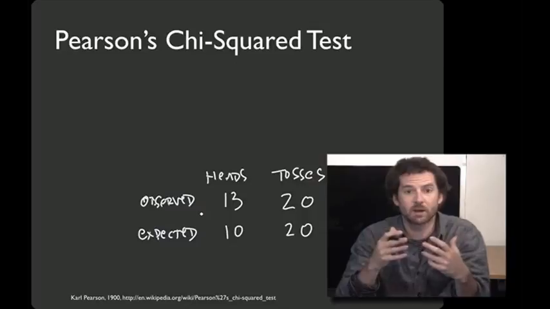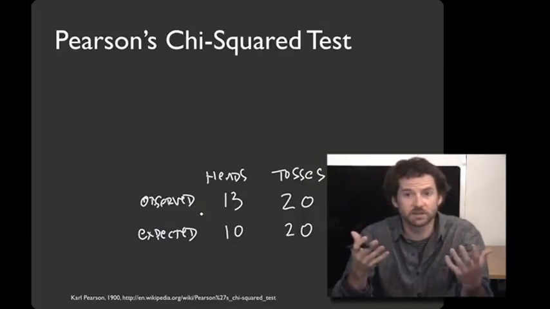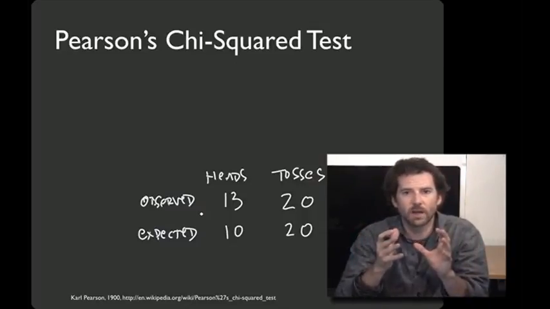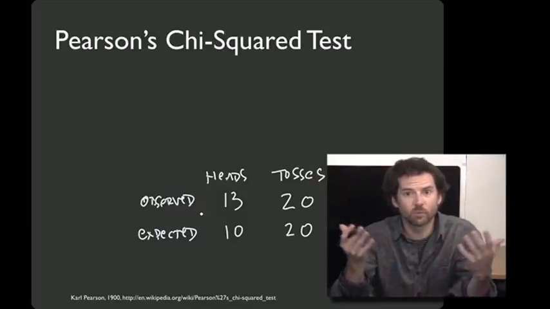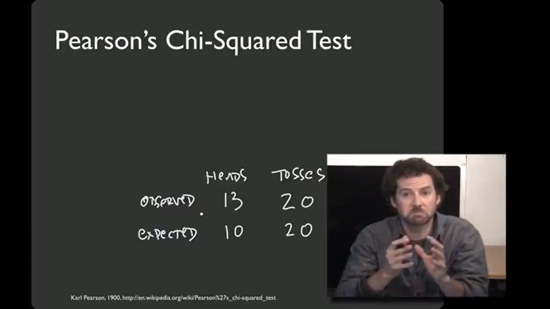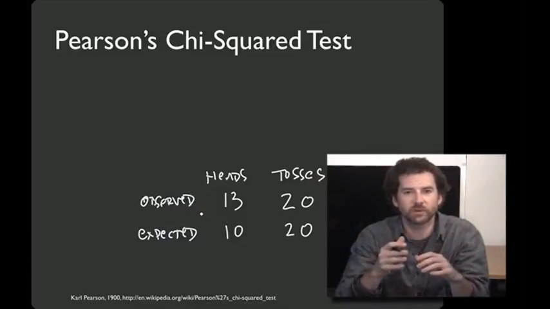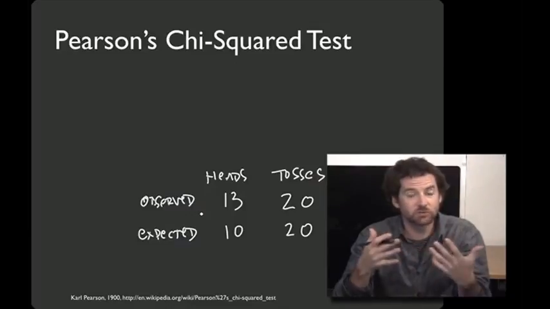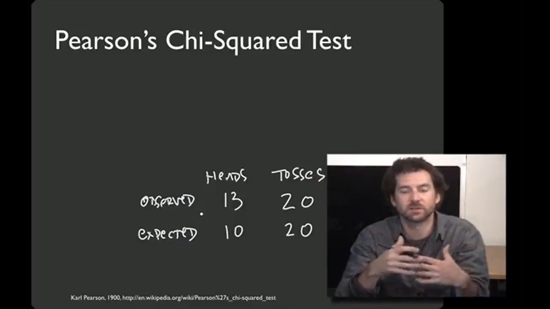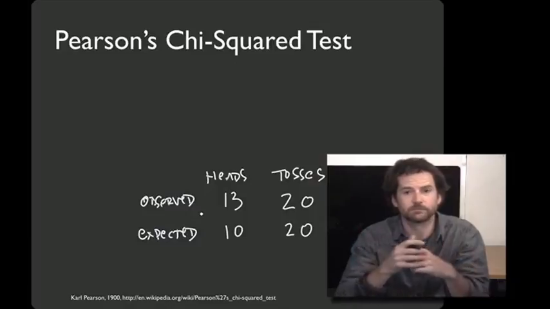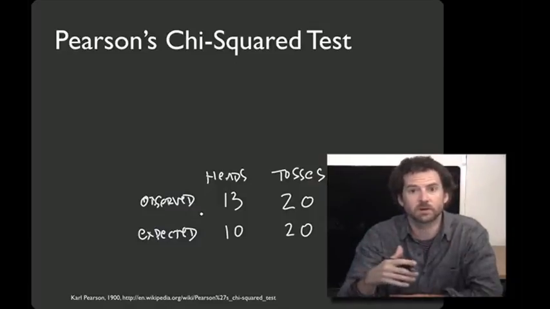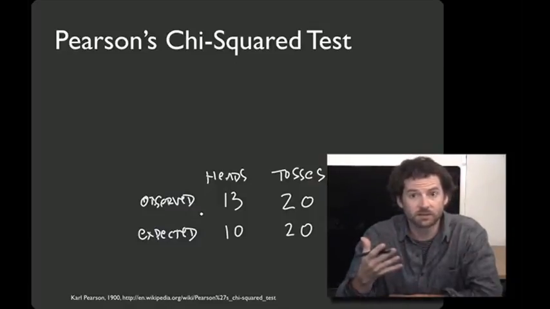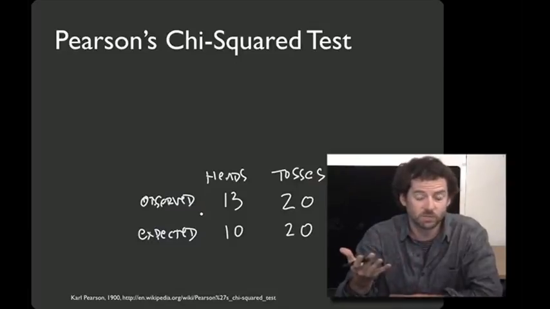So it's going to compare our observed to our expected, and it's going to do that in a way that as we have more trials, if we have a sizable difference, that will give us increased confidence that the difference is robust and significant. And it's called the chi-squared test because the value that we're going to get out of this test is called the chi-squared value.